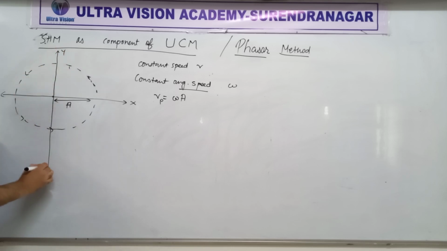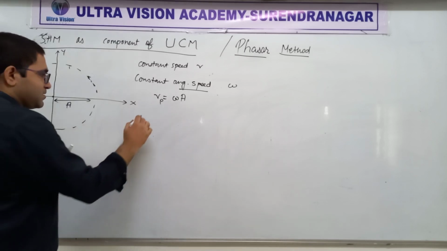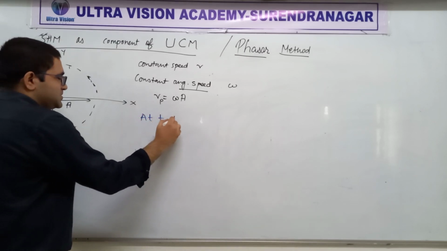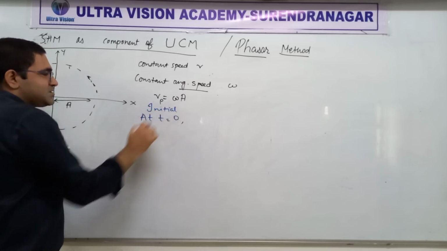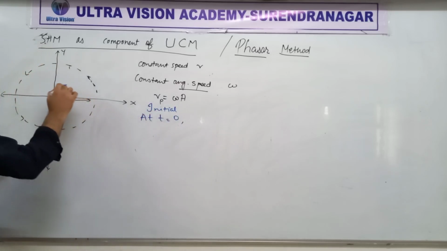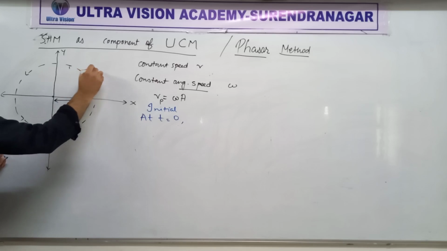Okay? Right? So let's say that at a particular point of time t equal to 0, initial, obviously this is what is called initial. The particle was supposed over here. Let's call this position P0.